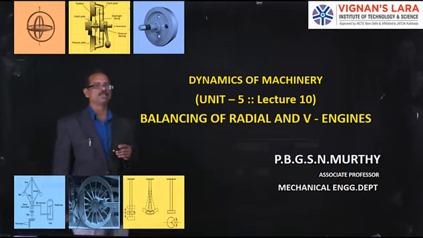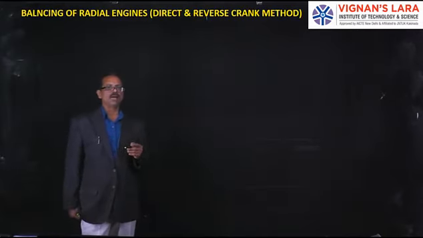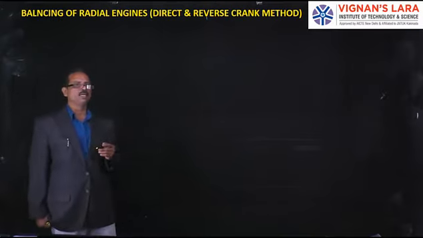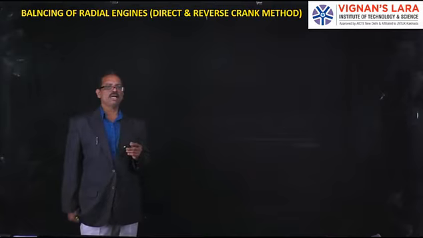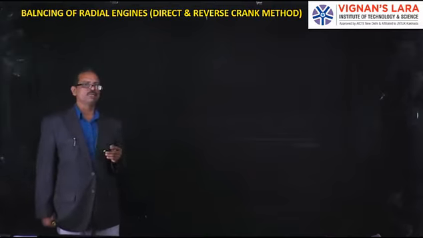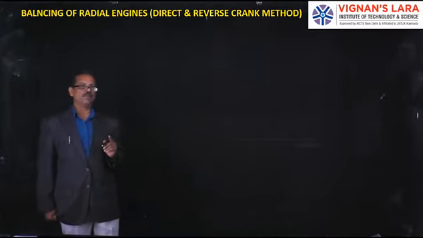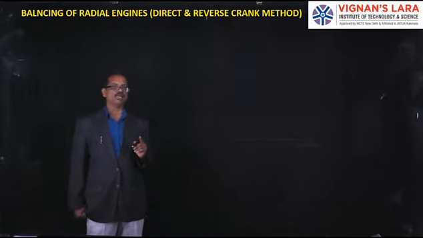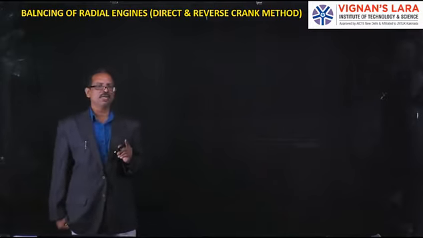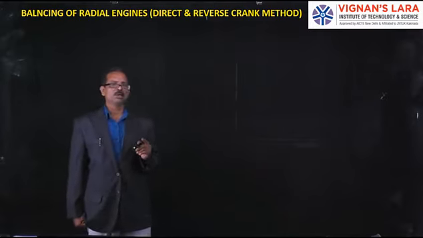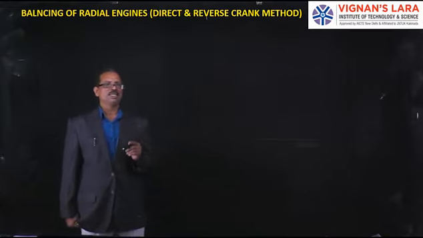Now the last lecture deals with balancing of radial engines and V engines, where a number of connecting rods are all connected to a single crank. That you are aware of in your IC engines theory part. So how to balance such an engine, that we will see in this lecture.